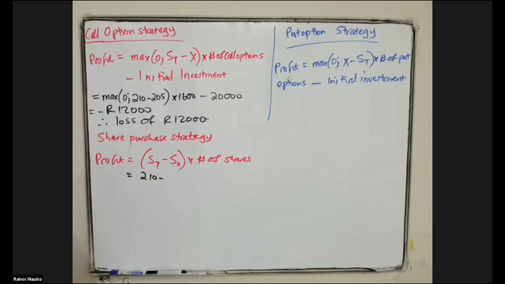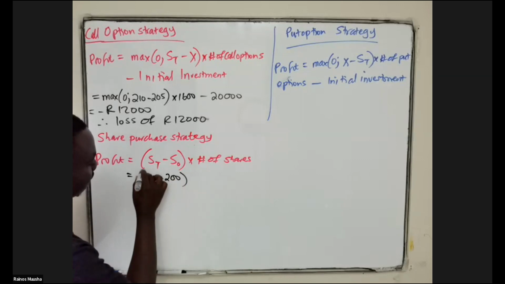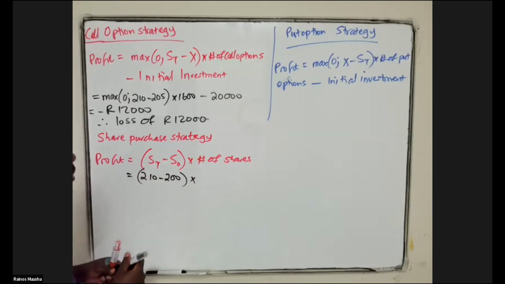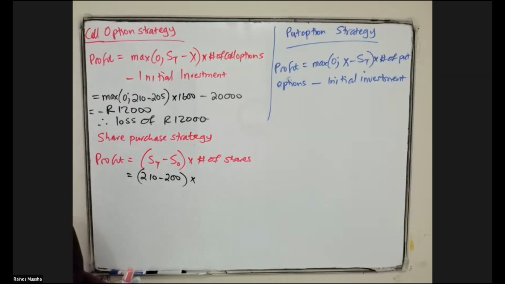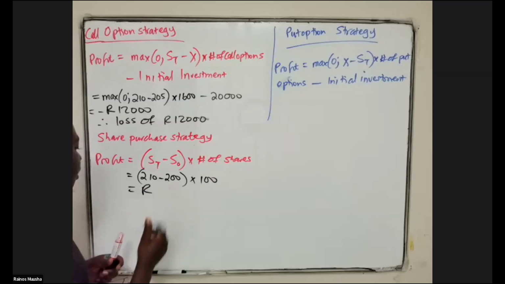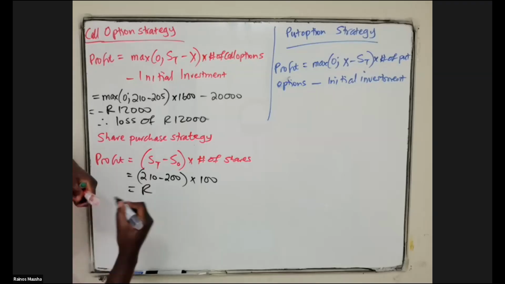The current spot price is given as 200. And then they tell us that the number of shares is equal to how many? 100 shares. Good. So given this information, how much profit are we looking at making? 1,000.